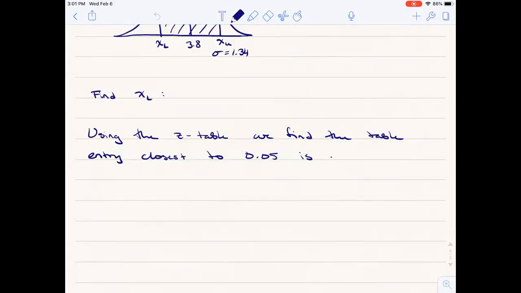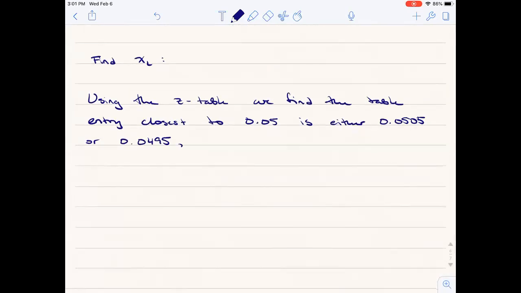It is either 0.0505 or 0.0495. Like I said, I'm just going to say which one I'm going to choose. I will use 0.0505. How about? Doesn't matter.